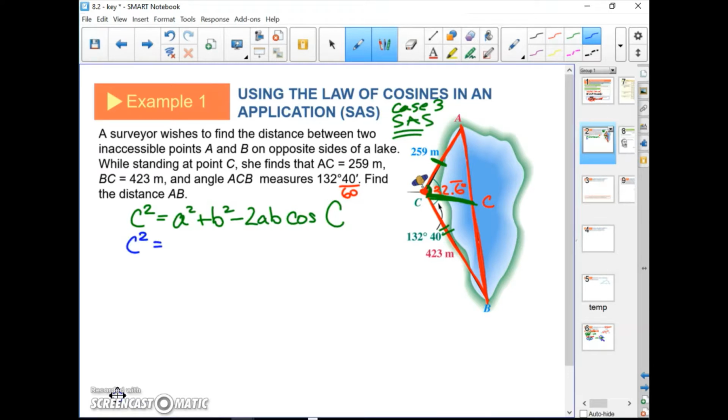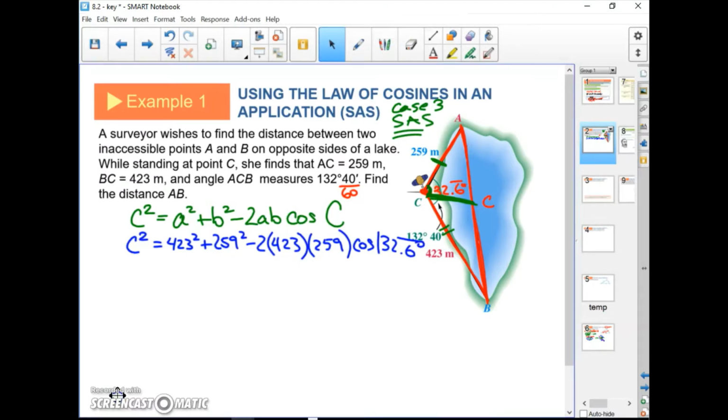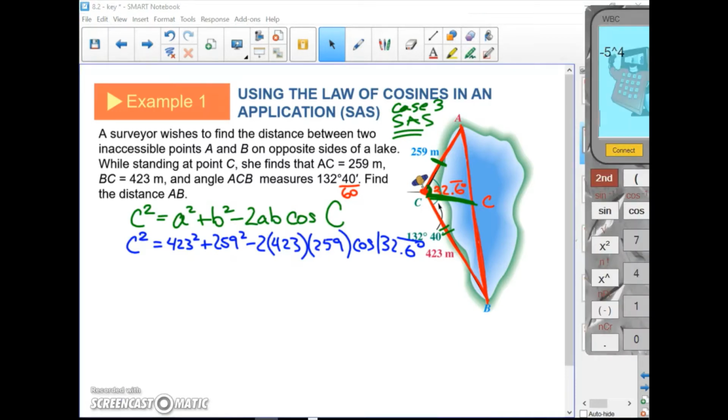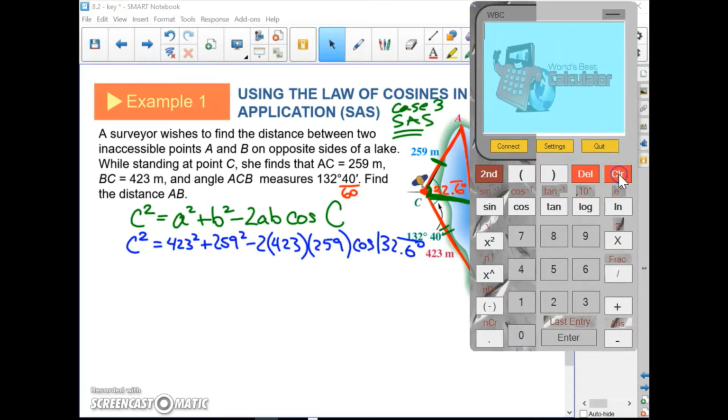We can plug in A, side A was 423, so 423 squared plus 259 squared minus 2 times 423 times 259 cosine 132.6 repeating degrees. We just have to input all that into our calculators. So let's see.